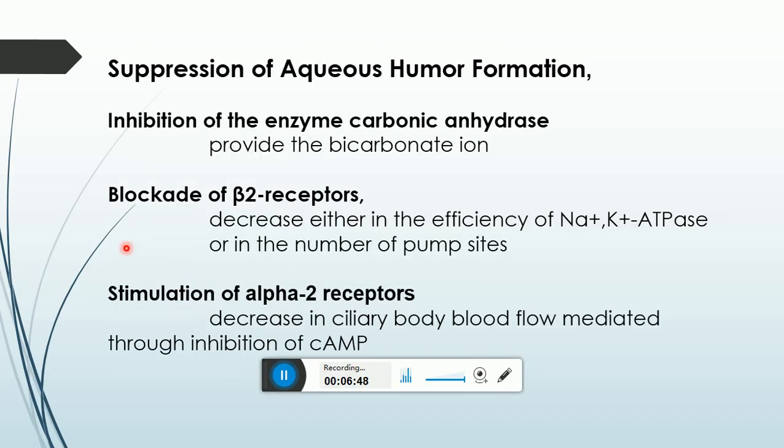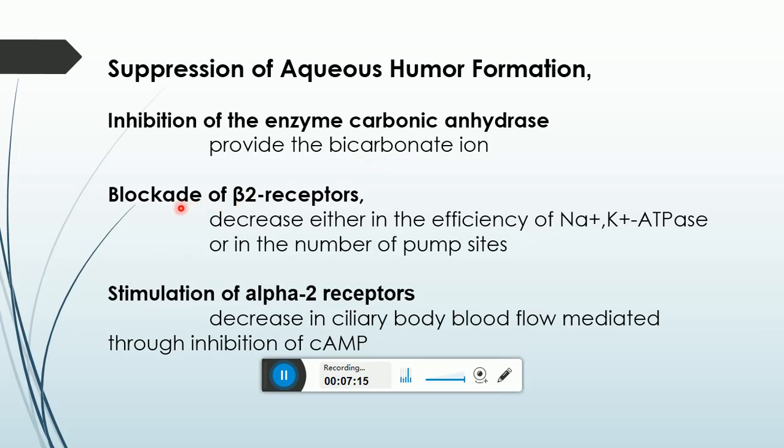The main aim of glaucoma treatment is to suppress aqueous humor production. Aqueous humor is suppressed by 3 mechanisms. The first is inhibition of the enzyme carbonic anhydrase, which provides the bicarbonate ion.